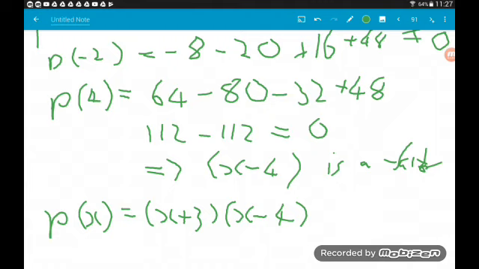Remember that we worked out a times b had to be 16. If a is minus 4, then b has to be minus 4 too. Like that. So 3 times minus 4 times minus 4 does give us that positive 48 that we need at the end. So we've done part 2.